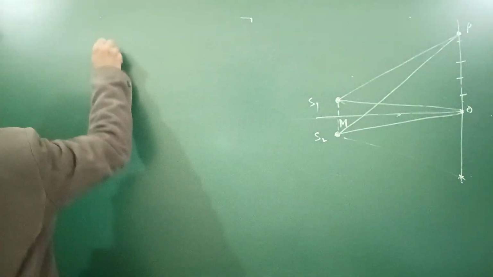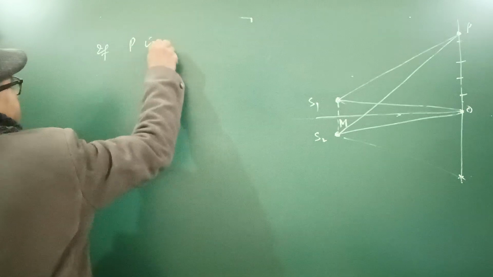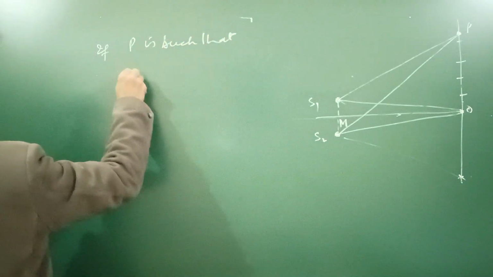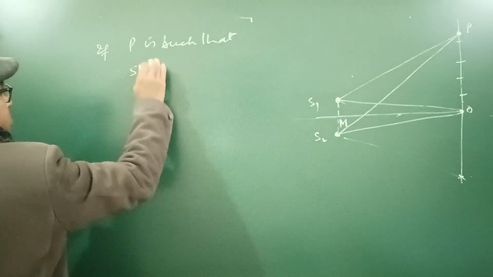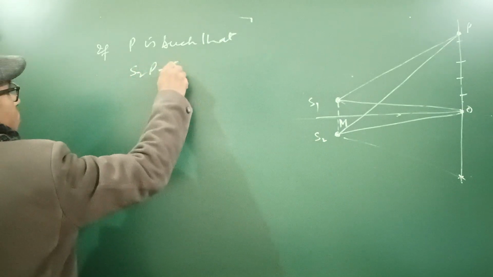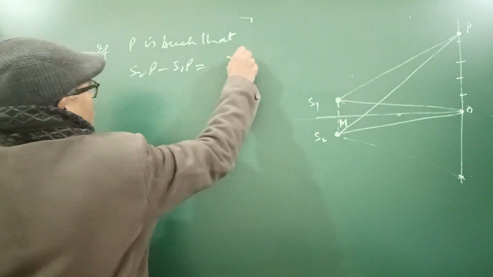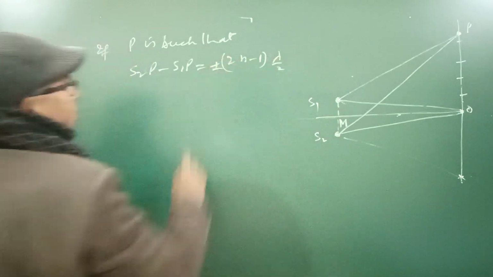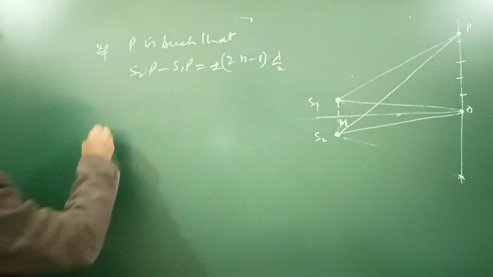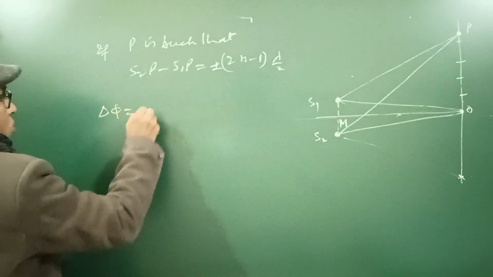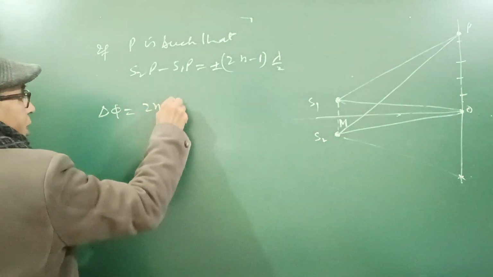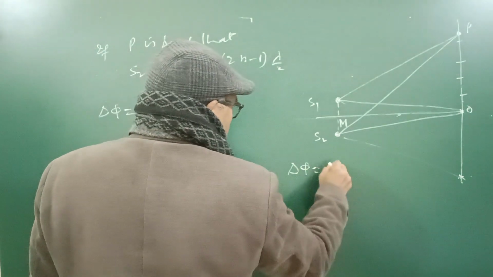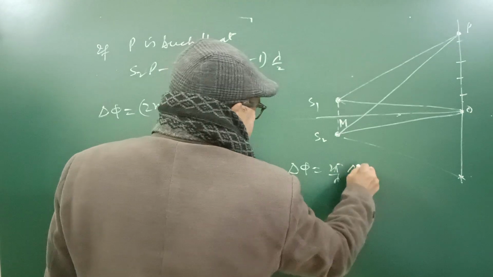Now if P is such that S2P minus S1P equal to (2n minus 1) lambda by 2, then delta phi will be (2n minus 1) pi, because delta phi equal to 2 pi upon lambda into delta x.